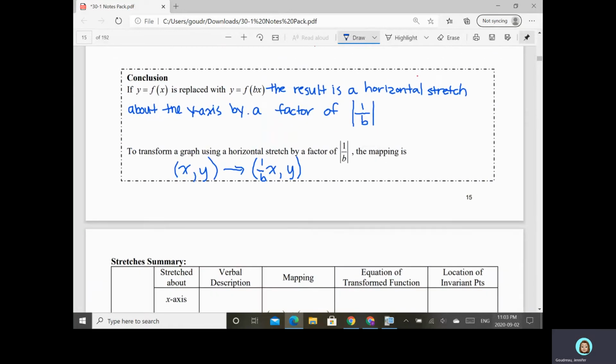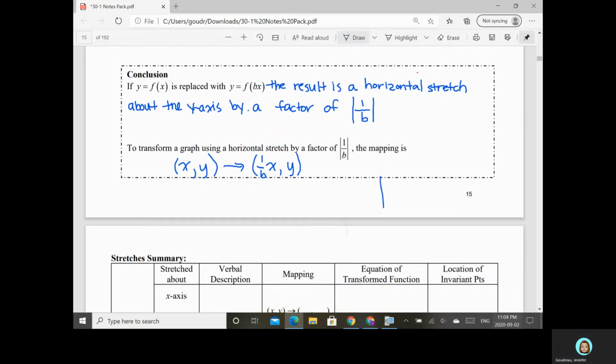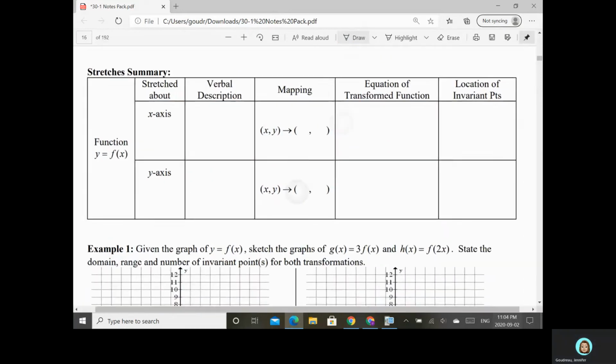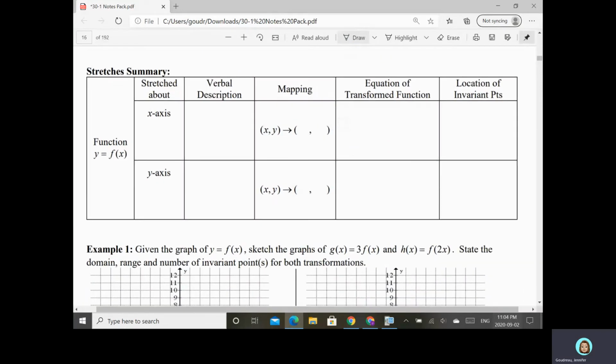Let's make a summary of all of that together. So here's a nice chart that we can fill in that helps us get everything straight. If we start with the function y equals f of x and we stretch it about the x-axis, that means our x-axis is horizontal, but we are stretching about the x-axis.